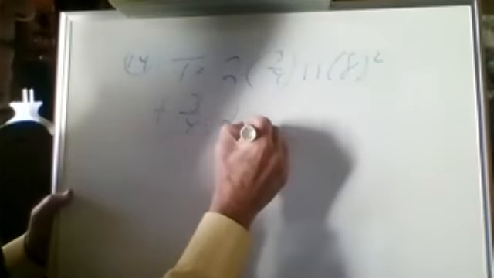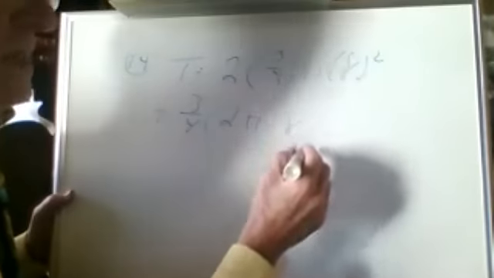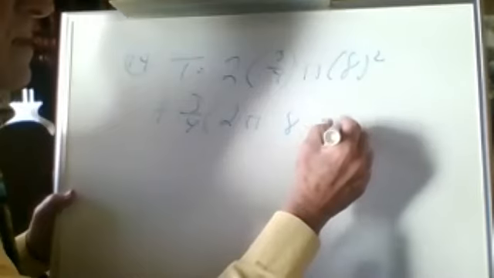The area of the base of the circle is pi r squared, so it's pi, and the radius is 8, 8 squared. That gives me the area of the 2 bases, plus the lateral area, which is 3/4 of a cylinder, so 3/4 of 2 pi r h. r we said was 8, and the height is 25.